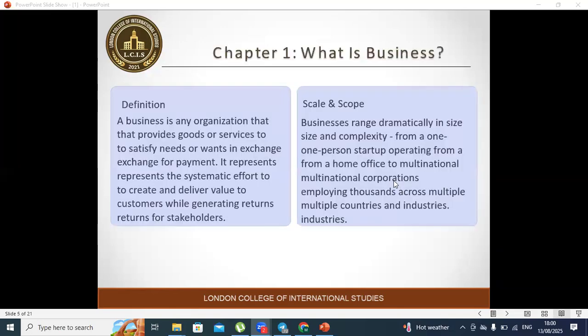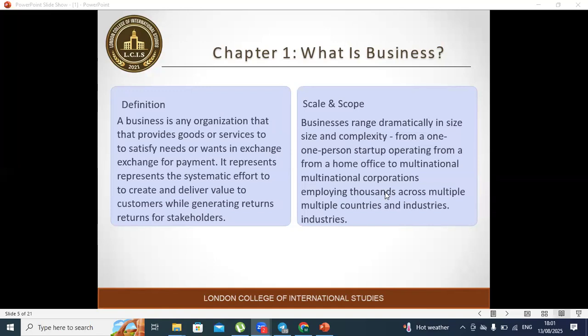What is business? Let's go for definition and then let's go for scale and scope. As simple as it goes, business is any organization that provides goods or services to satisfy needs or wants in exchange for payment. Just like Tarjuman Arab Association, for example, I give you some services in translation, so you give me some money, and that is what we can call business.